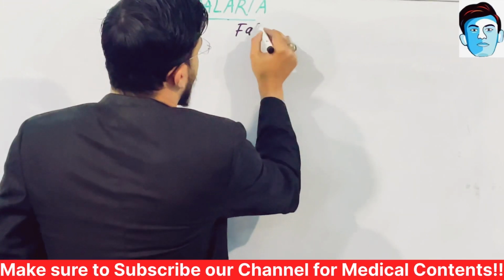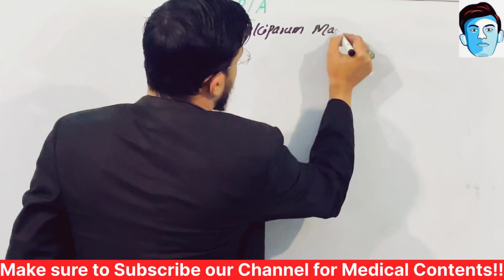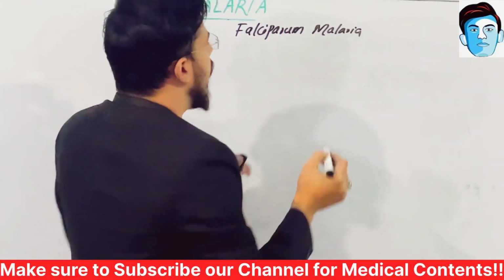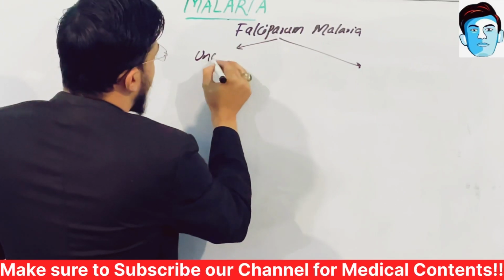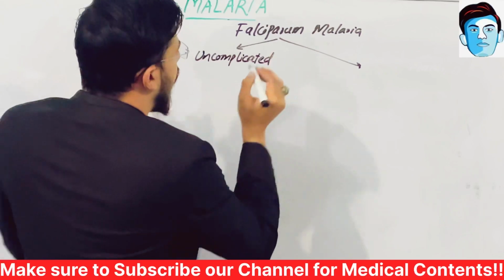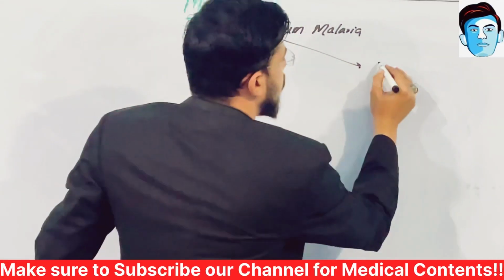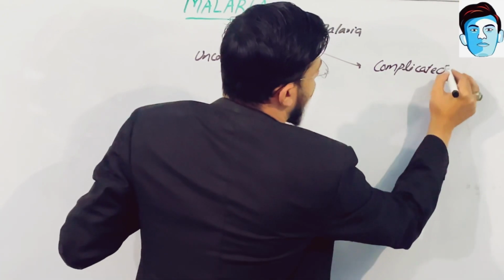Discuss the falciparum malaria. There are two categories of falciparum malaria: uncomplicated falciparum malaria and complicated falciparum malaria.